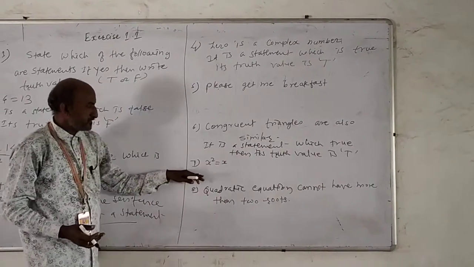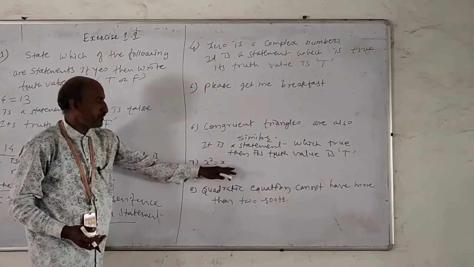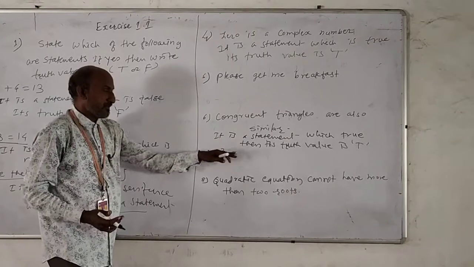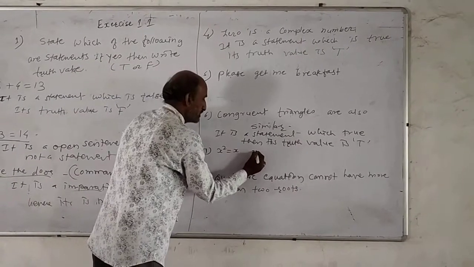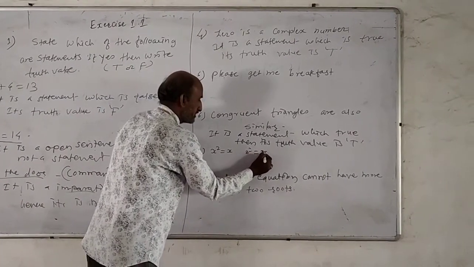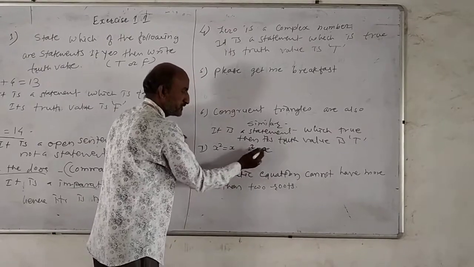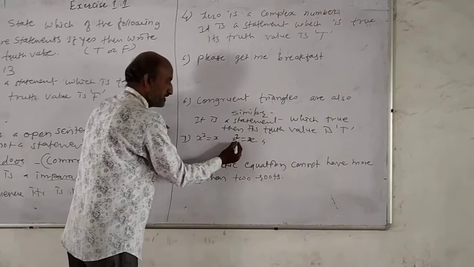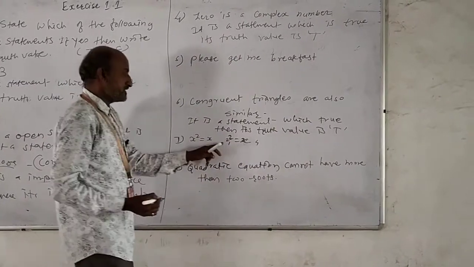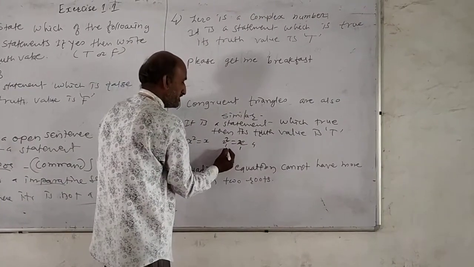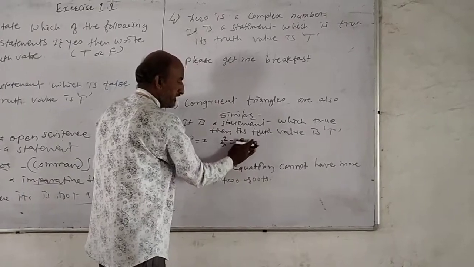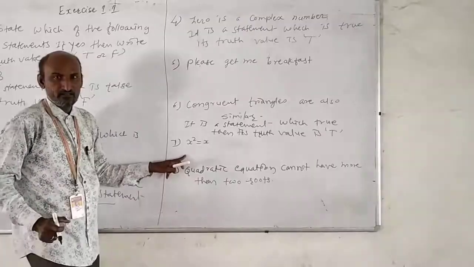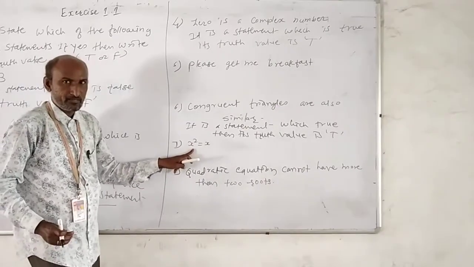See here again, the next example: x square equal to x. When is the value the same? Here 2 square is 4, not the same. 1 square is 1, so x square equals x. Is it a statement?